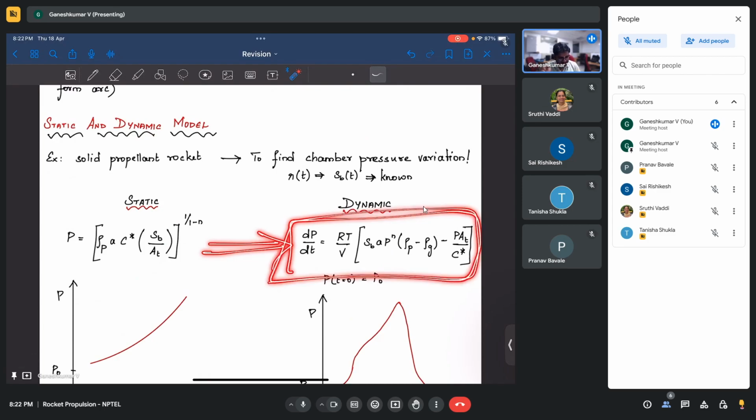Basically this equation, if you remember, is nothing but the mass conservation again.